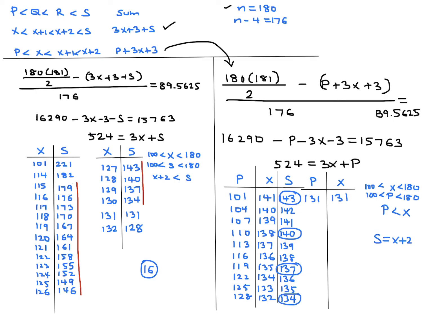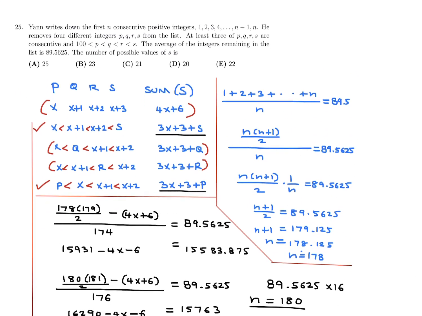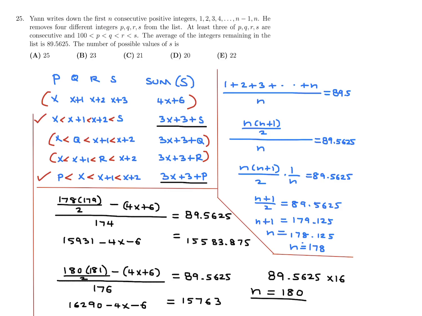So the only new ones I got were 1, 2, 3, 4, 5, 6. So I got 6 new ones. I take this 16 and add these 6 new ones, and 16 plus 6 is 22. That is the total number of values I can get for S. And therefore, for this interesting question, number 25, the answer is E.